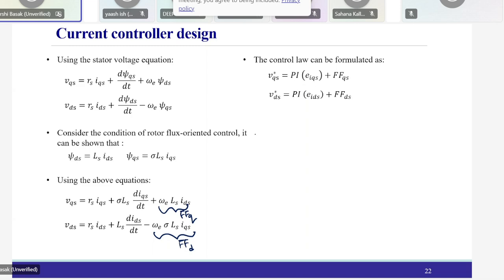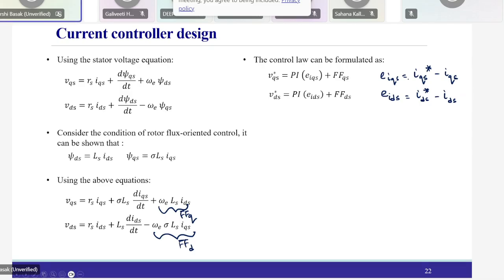So here the control law is as follows: the VQS reference will be equal to a PI applied on the error, where the error EIQS is nothing but IQS reference minus IQS. EIDS is given by IDS reference minus IDS.